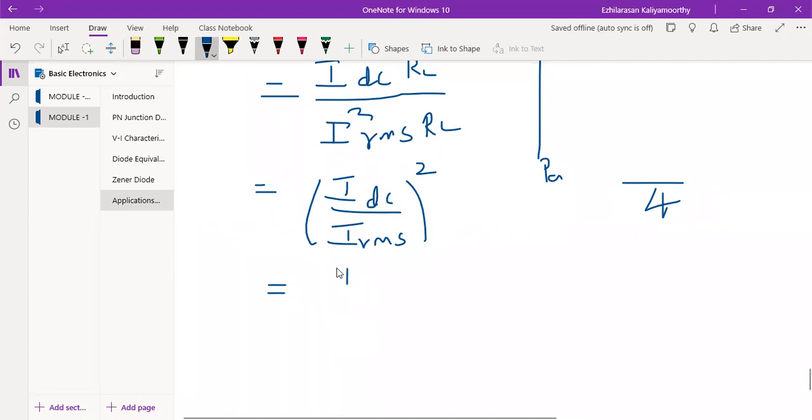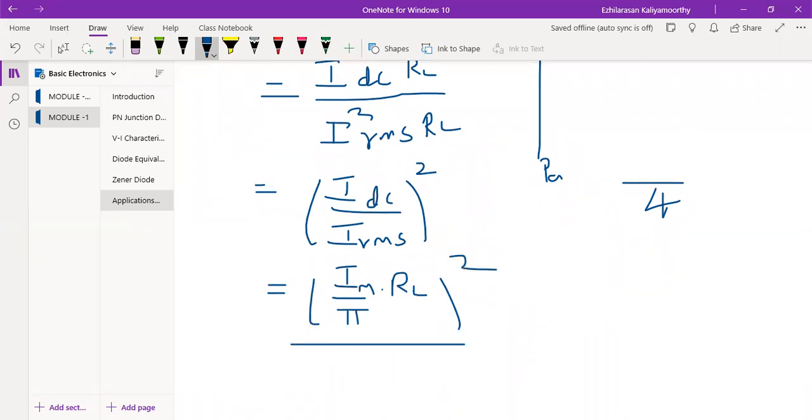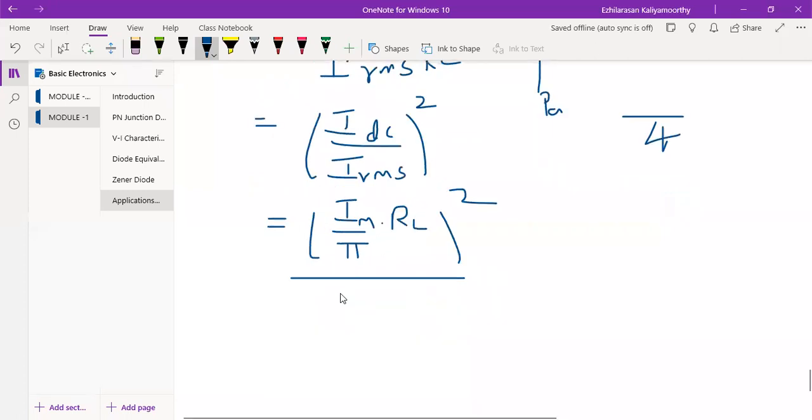Let me write, IDC is nothing but IM by pi. This is your IDC square divided by IRMS. So what is IRMS? Already we calculated it.